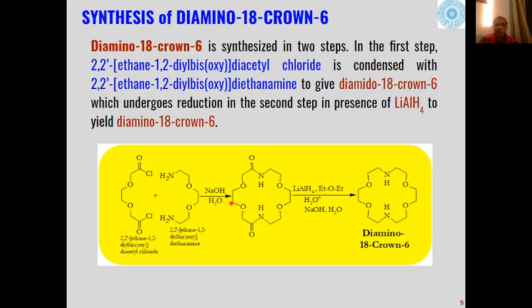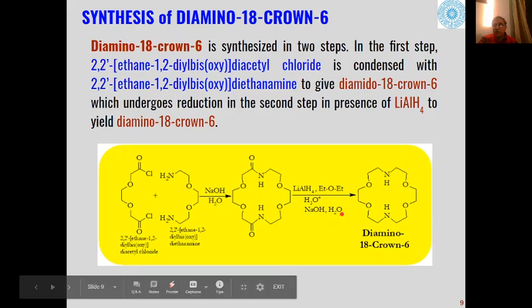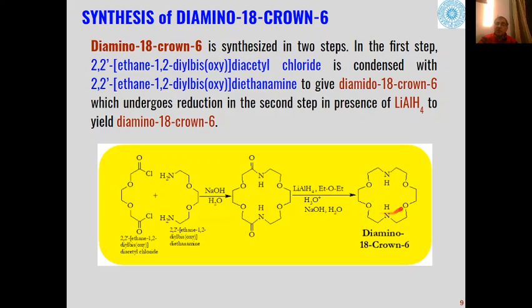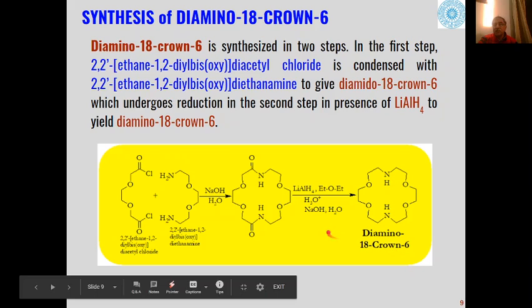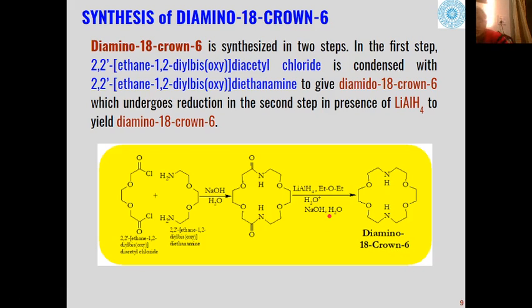In the presence of base, we will get this type of cyclic polyether amide as the product. And when this amide undergoes reduction in the presence of lithium aluminum hydride, this will be converted, after reduction, into the diamino 18-crown-6 in the presence of sodium hydroxide and water.